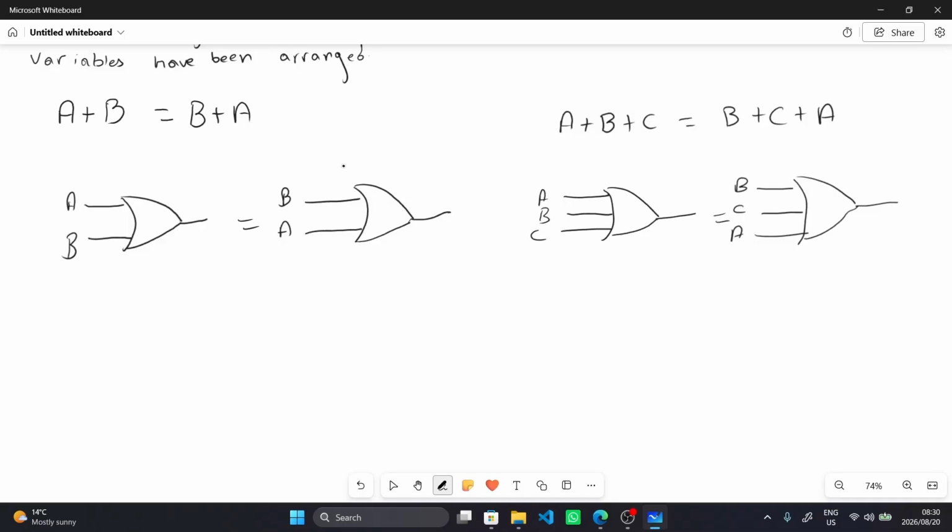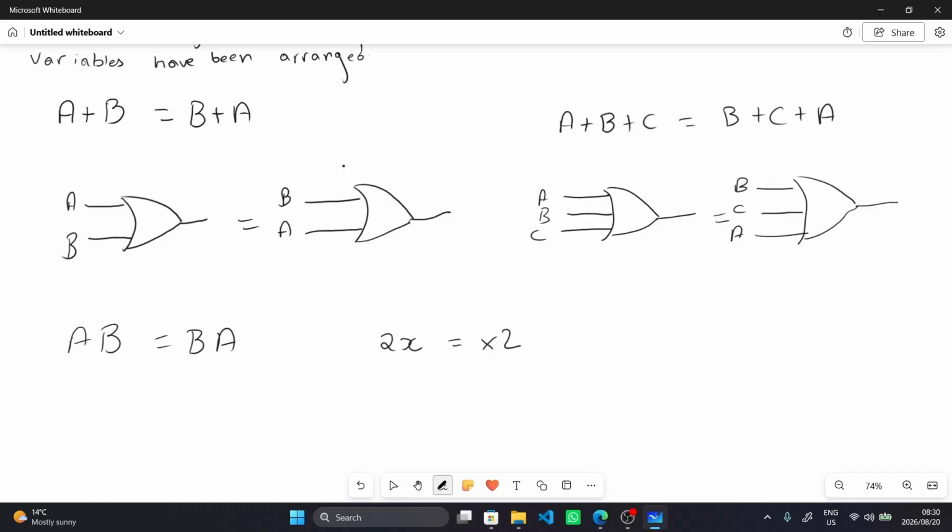Similarly, for multiplication, A times B will be the same as B times A. If you remember in mathematics, for example, 2x is still the same as x times 2.